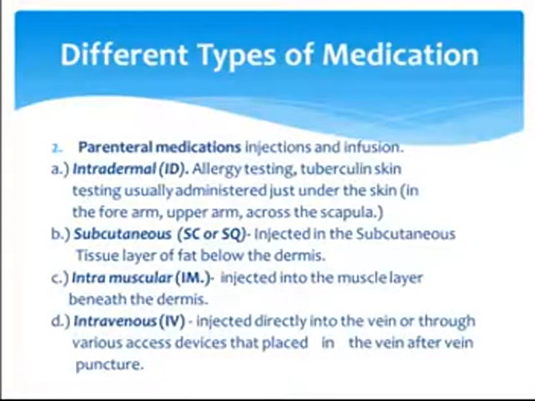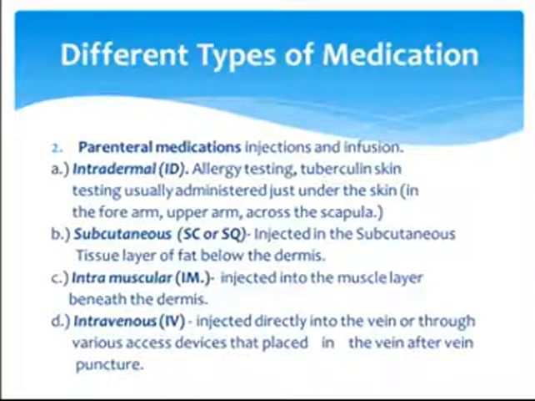Parenteral medications are given through injections and infusions. And under this type of medication are intradermal, which is allergy testing or tuberculin skin testing, usually administered under the skin that is in the forearm, in the upper arm, or across the scapula.